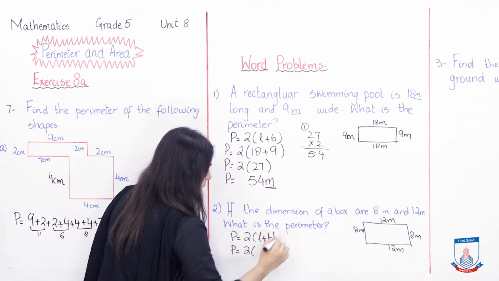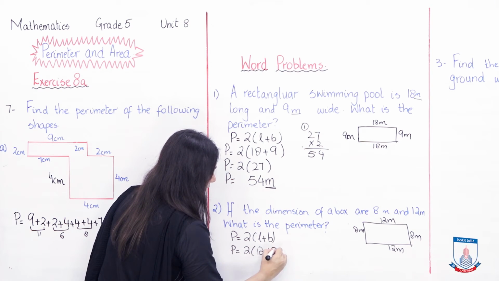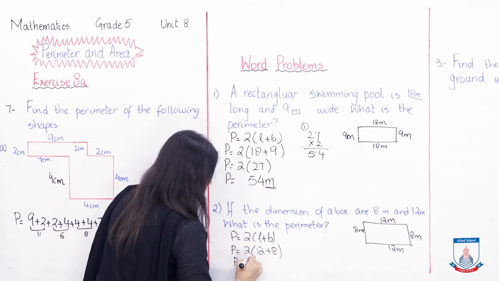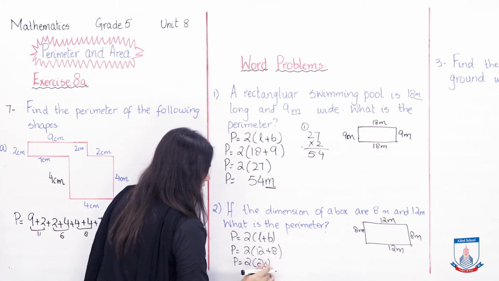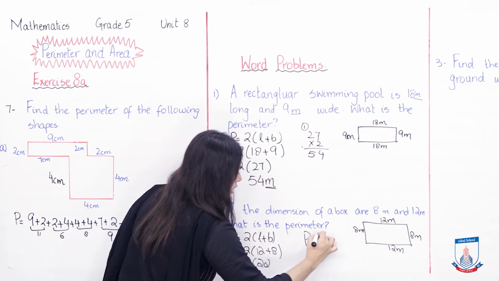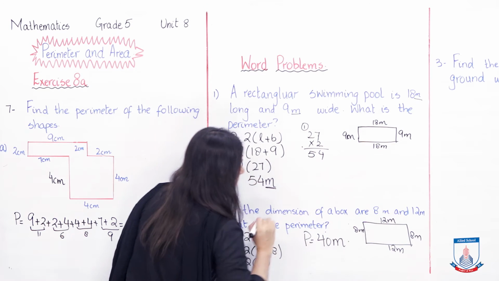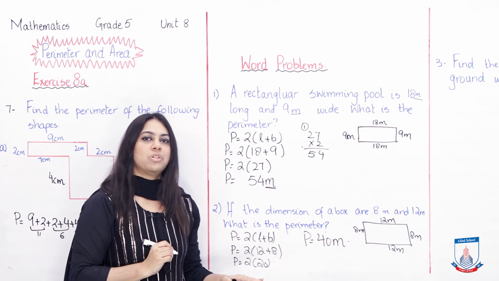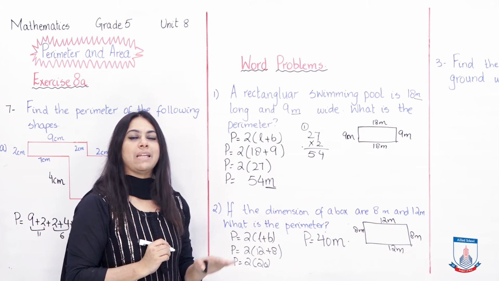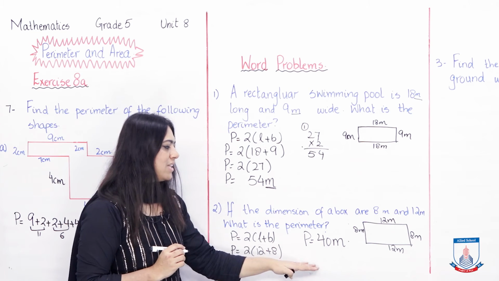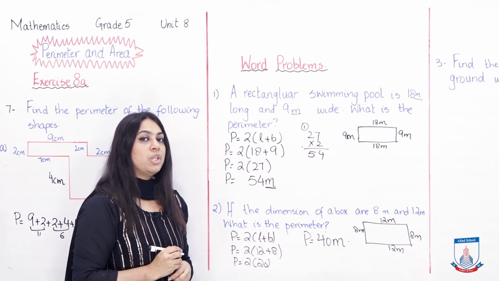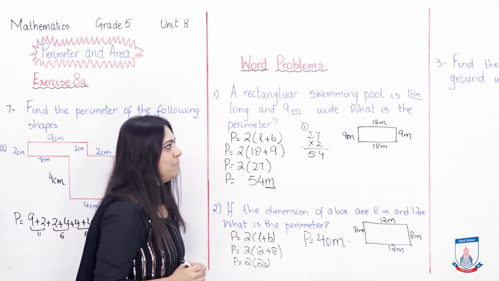What is the length over here? It's 12 plus 8, which gives you 20, and 20 times 2 will be 40. Because it's in meter, it is 40 meter. I hope you understood the concept of finding the perimeter of a rectangle by solving these word problems. Now we are moving toward the third word problem.